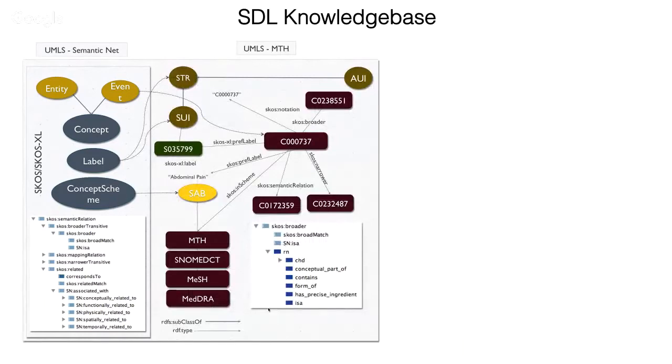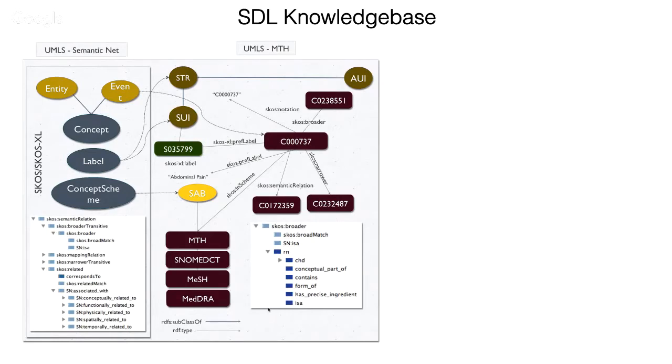So you can expect that all of those SKOS concepts, concept schema, labels and label structures, semantic relations, all of them are there. We have taken those SKOS concepts and extended them to create an ontology of biomedical vocabulary by aligning it to UMLS.